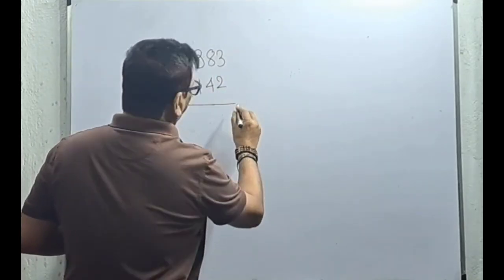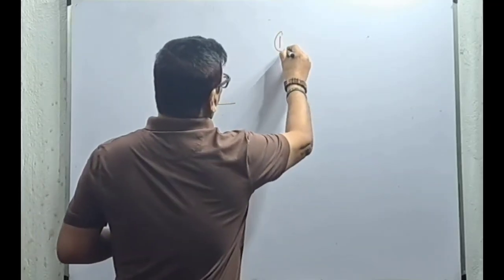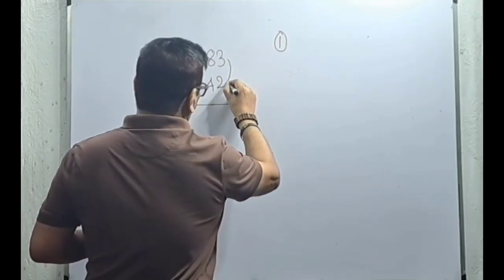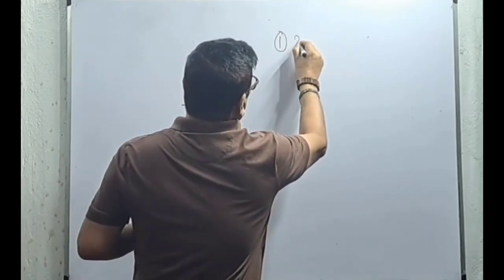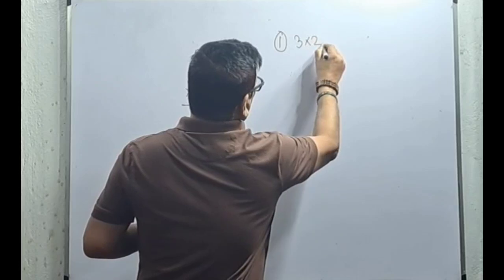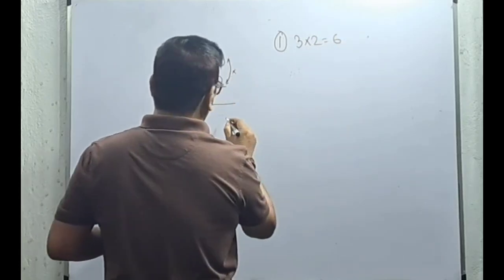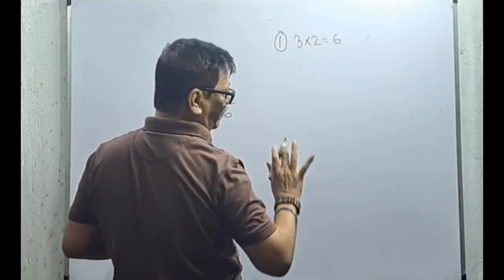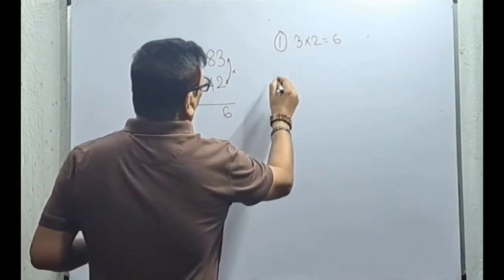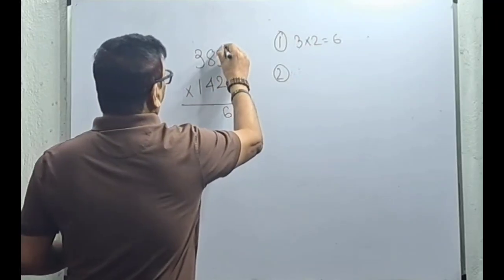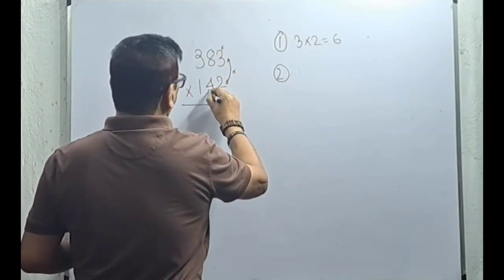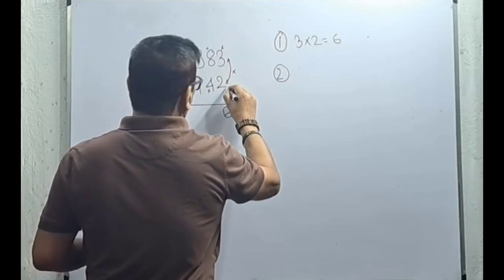So first step is multiply these two. 3 into 2 is 6. Write down 6. We don't carry. Number 2: multiply this with this and this with this.